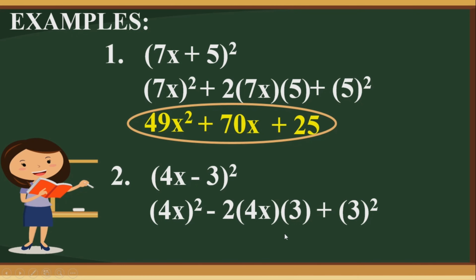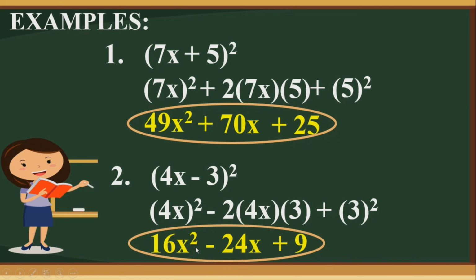So 4x times 4x, that is 16x squared. And then 2 times 4x is 8x times 3, so that would be negative 24x, and 3 times 3, that is 9. So the final answer is 16x squared minus 24x plus 9.